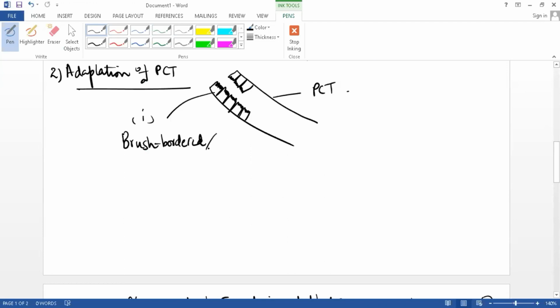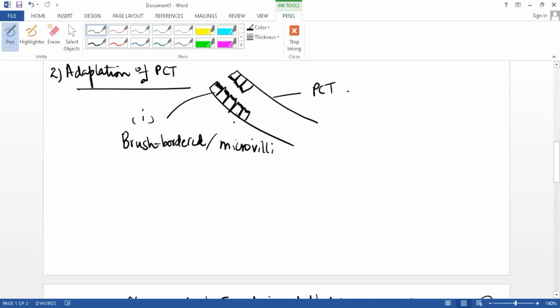Brush bordered or ciliated, or we can call them microvilli. A better name for them is microvilli. These are the microvilli actually, to increase the surface area to volume ratio for maximum absorption.